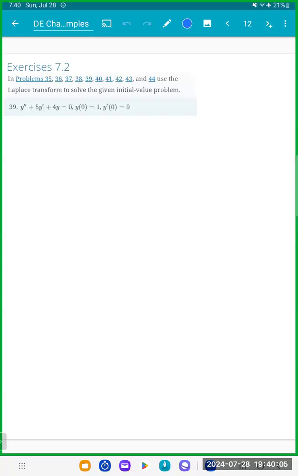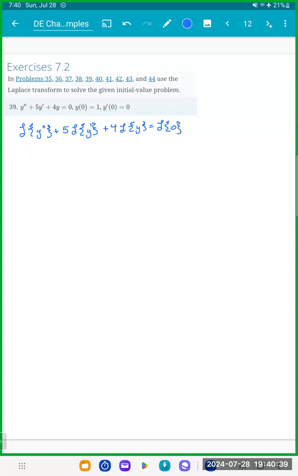All right, the last problem I have to work as an example for this evening is number 39. So we have y double prime plus 5 times y prime plus 4y equals just Laplace of 0.